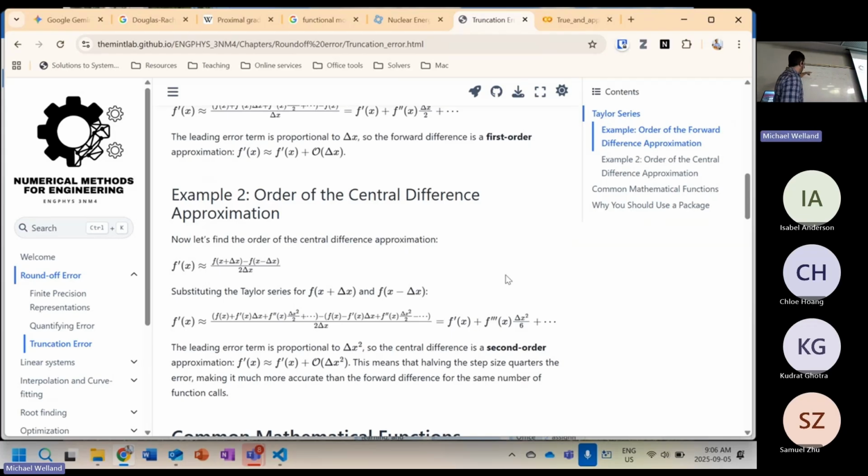When we do that, what we're going to get is f at x plus delta x. So let's take this negative and put that in there, right? We've got that guy minus f at x, and then plus this guy, which turns out to be negative f, minus delta x, plus f of x, all divided by 2 delta x.